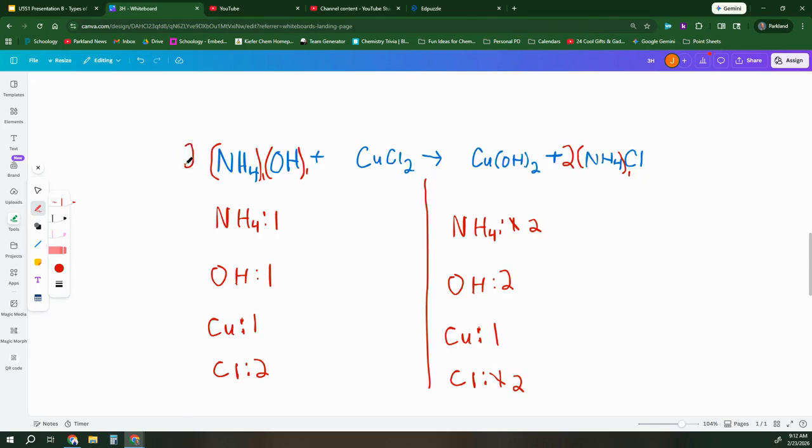But notice, if I put a 2 in front of this molecule right here, 2 NH4 groups, 2 times 1 is 2. 2 OH groups, 2 times 1 is 2. And now I'm balanced. 2 NH4s on both sides, 2 OHs on both sides, 1 Cu on both sides, and 2 Cls on both sides.